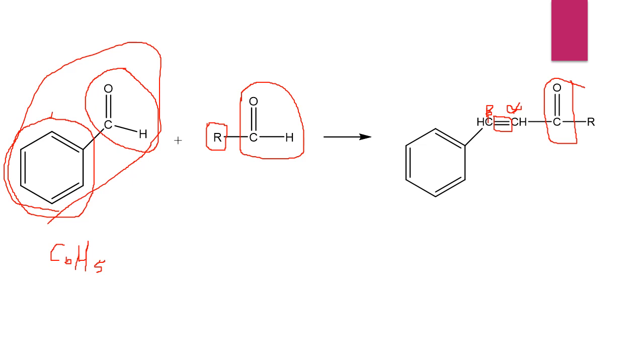And aldehyde, we can also write as C, hydrogen, and oxygen. Then in the same way, we can write the aliphatic aldehyde, but here we use methane in place of R.